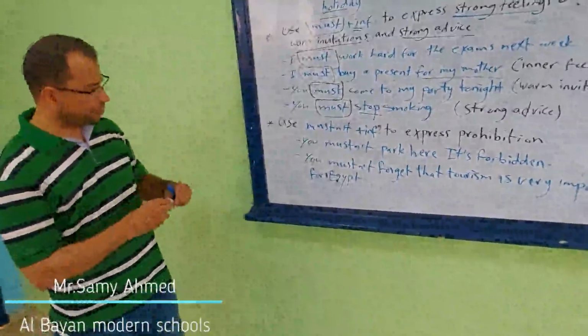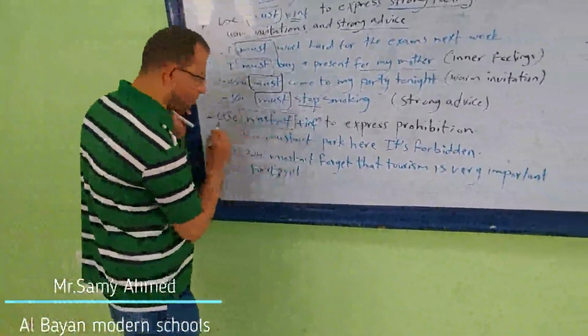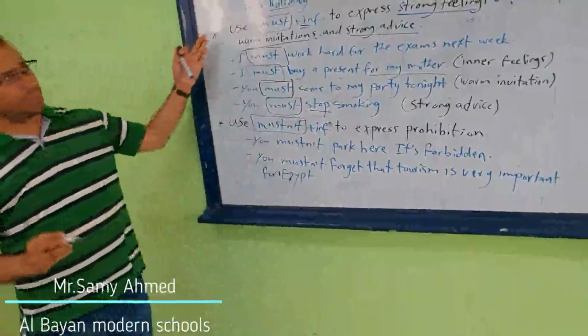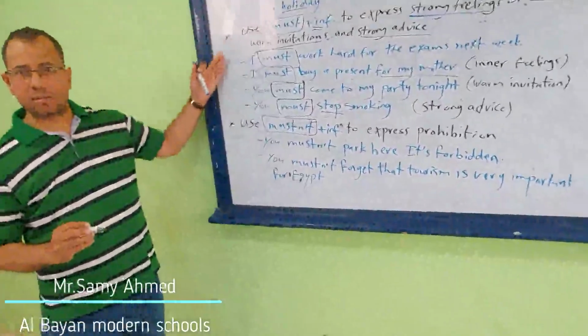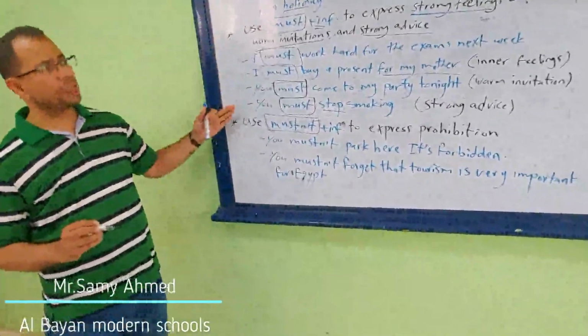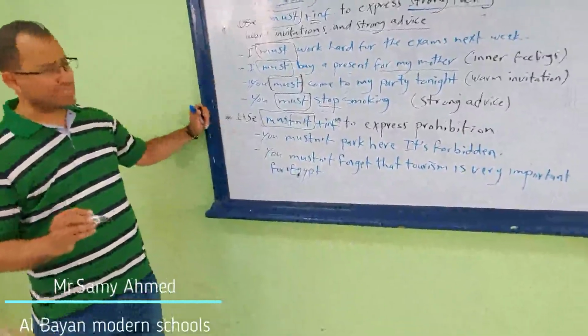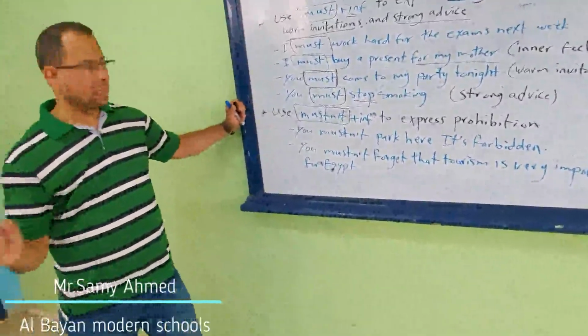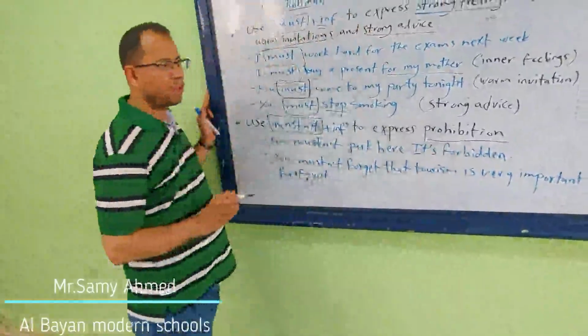Another expression, mustn't. Mustn't is not the negative form of must. Must gives us a meaning of necessity, strong advice, strong or warm invitations, feelings, and so on. But the word mustn't has another meaning. It expresses prohibition.